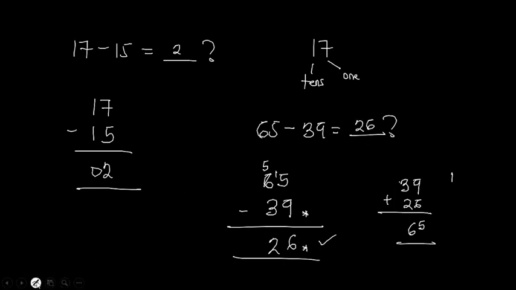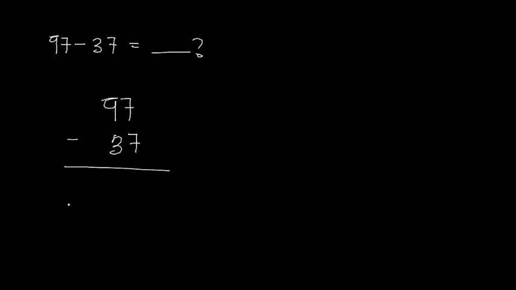Alright, let's have a look at more examples. So we have 97 minus 37. If we do the subtraction, we subtract the ones first.